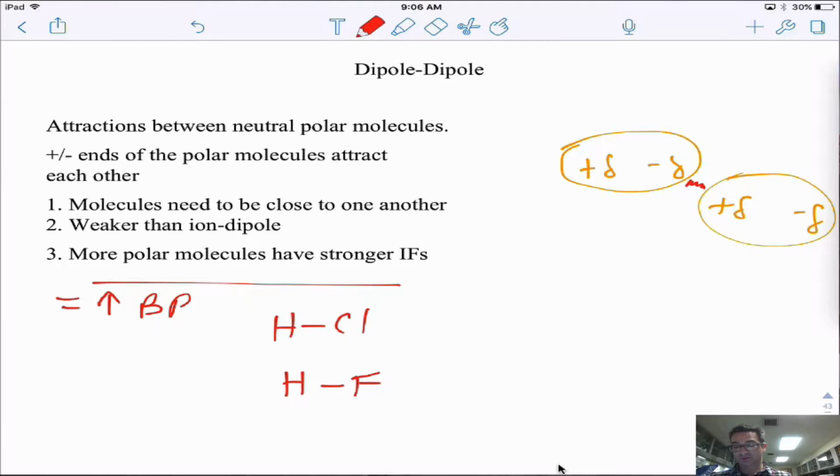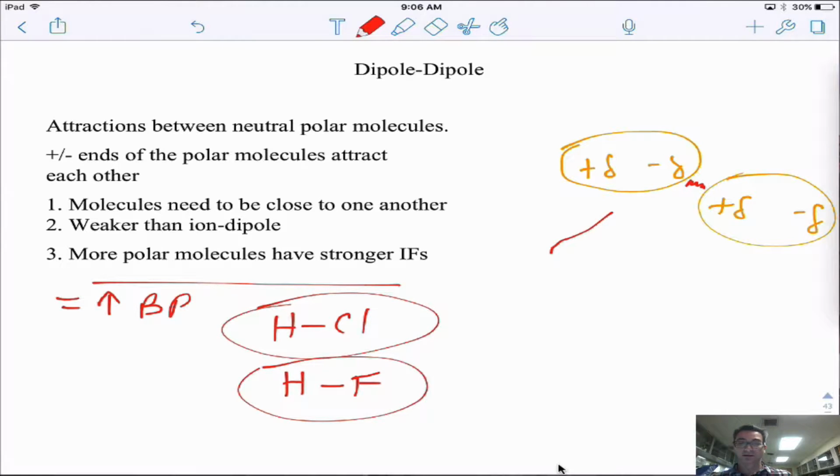So HF is a more polar molecule than HCl. So the HF should form stronger forces of attraction. And those stronger forces of attraction should allow the molecules to stay in the liquid form longer. And when they stay in the liquid form longer, it means that they will have a higher boiling point.